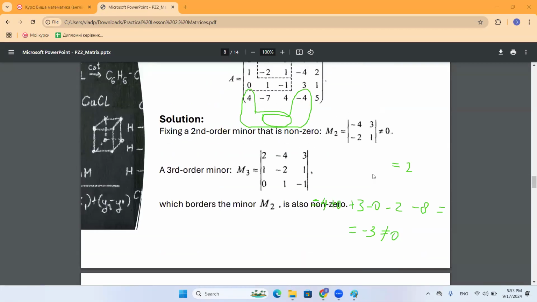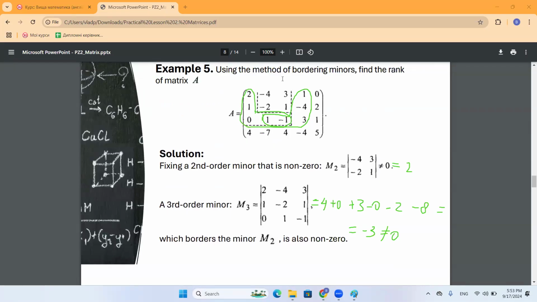Now we can see that the rank of this matrix is equal to or greater than 3, because we have a minor of the third order that is not 0.